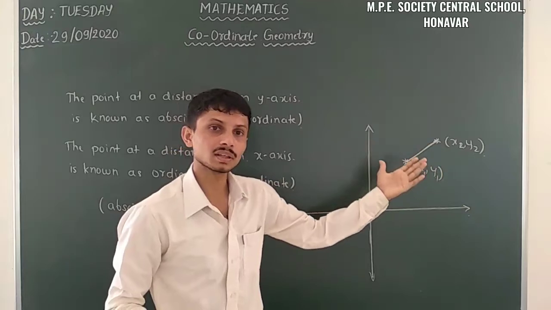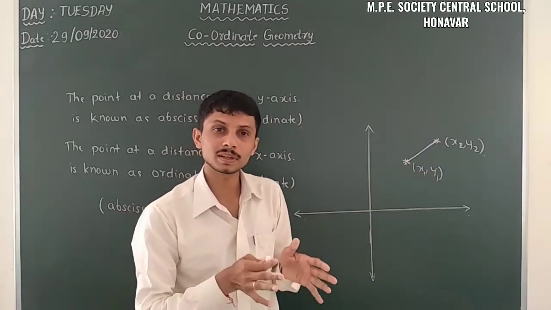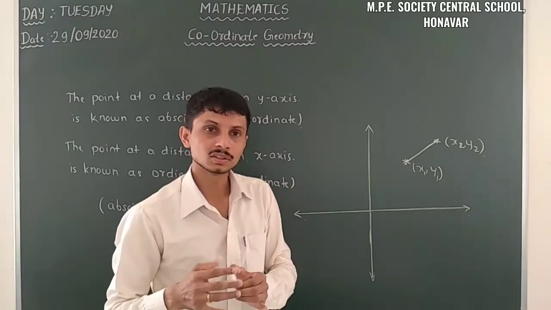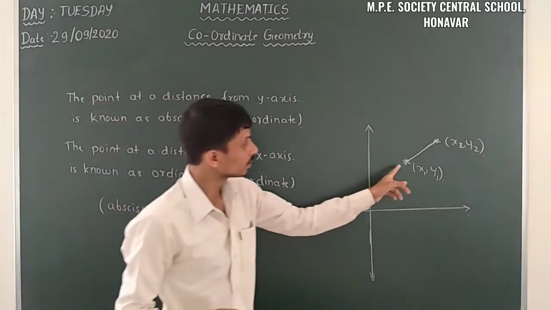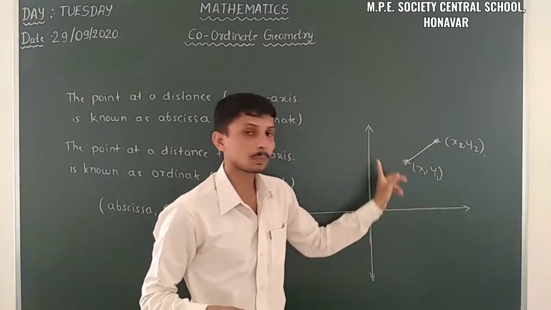How do we calculate this distance? It is very difficult, there is no ready formula for it, so we have to find out this distance. Here we know about the distance between the axes and this point.